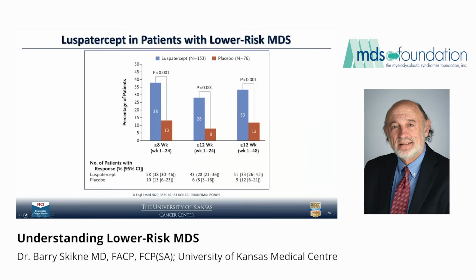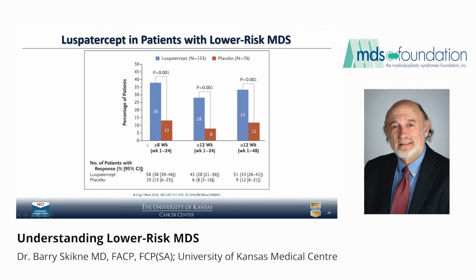So this is the result from the study in patients with lower risk disease. And I'm going to just go over this. The blue histogram is for patients who were treated with Luspatercept, and the orange is for patients who received placebo.